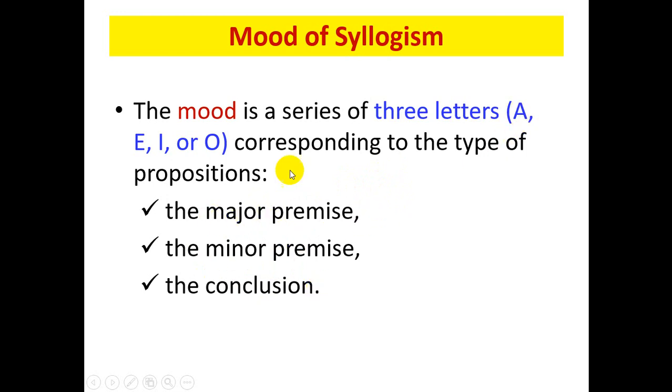Is it A, E, I, or O? And then what about the minor premise? Is it A, E, I, or O? And what about the conclusion? Is it A, E, I, O? Then as a conclusion we will have three letters here. Letter for the major premise, letter for the minor premise, and the letter for the conclusion. When we collect these three letters together, they indicate the mode of syllogism.